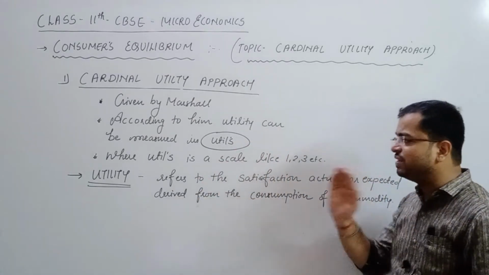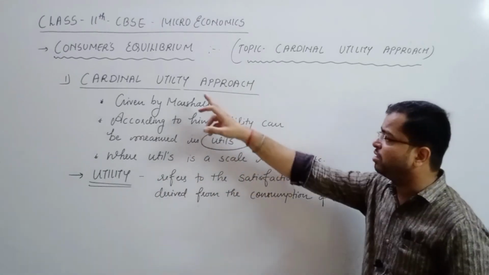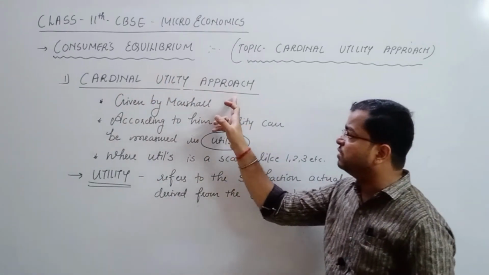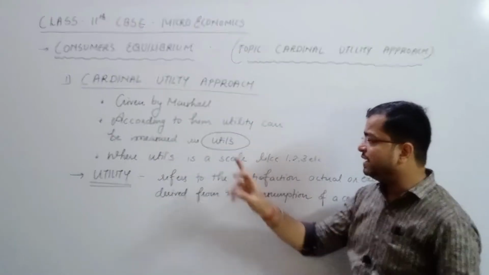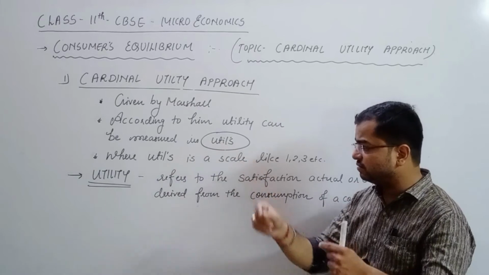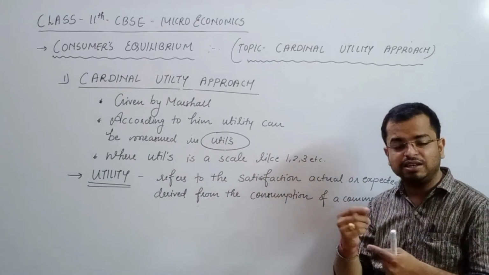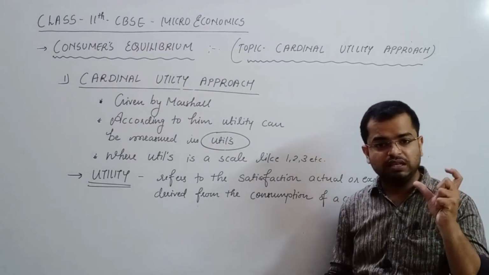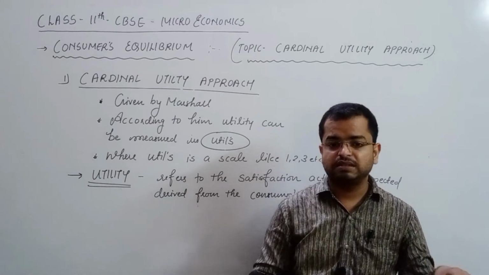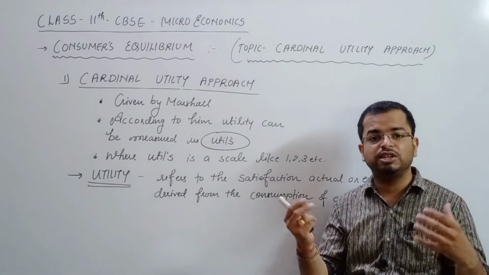So here it is very clear that utils is a measure for the calculation of utility under the cardinal utility approach, which was introduced by Marshall, and utils, that is the level of satisfaction, can be calculated in the form of 1 util, 2 util, 3 util. The example which I have given about the scoop of ice cream in summer or winter can be measured in utils also.